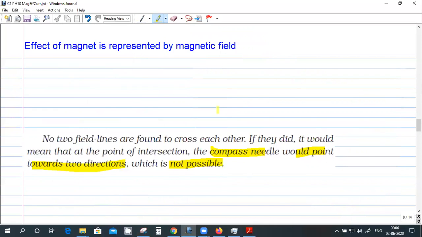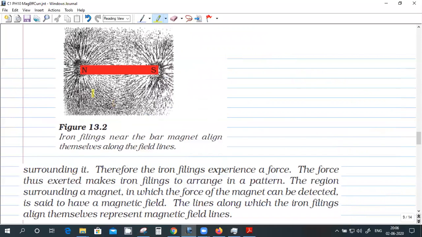So this is a bar magnet, and iron filings. Iron filings means what? They are crushed pieces of iron, small particles of iron. So when you surround this magnet with iron filings and gently tap it, they form like this.